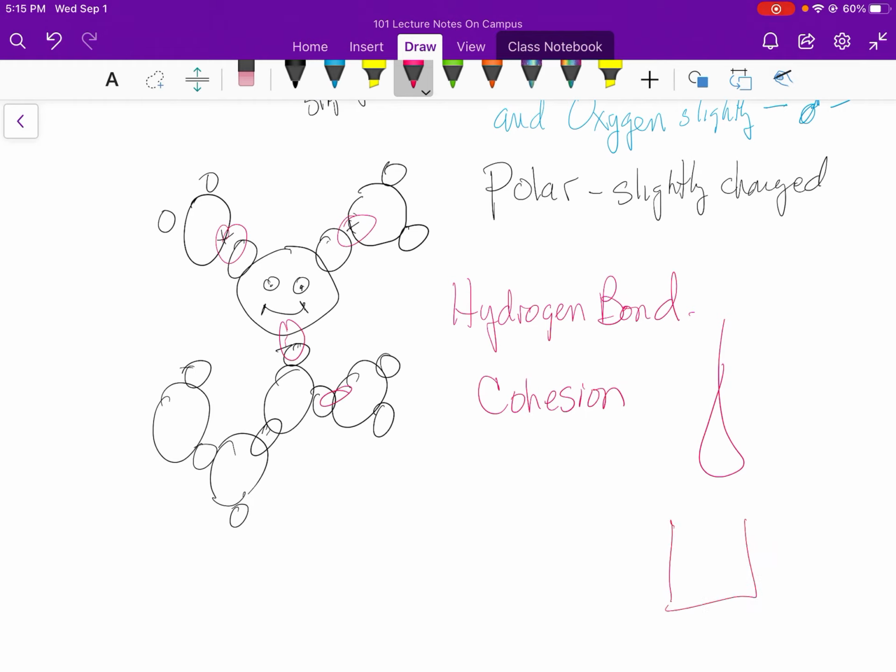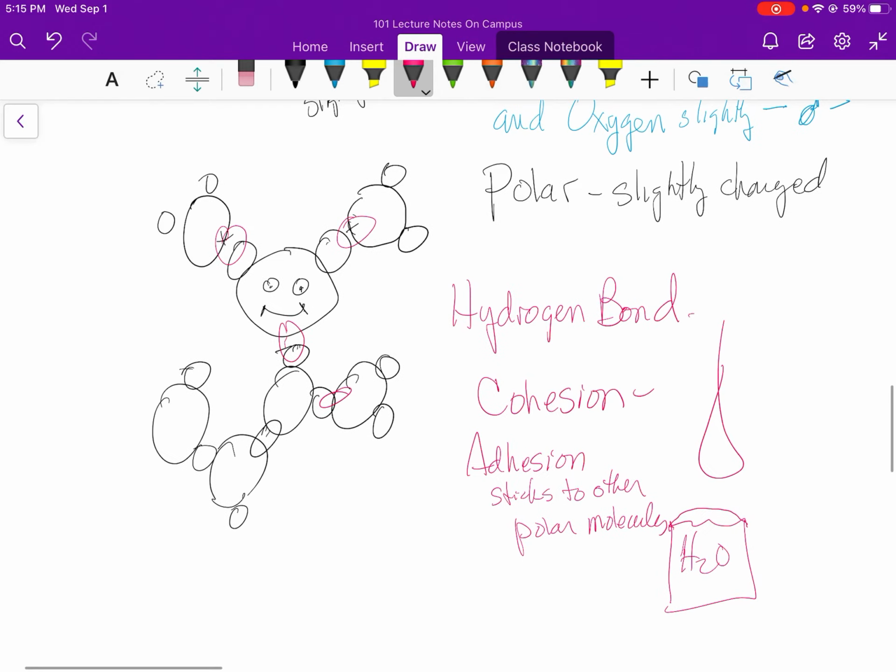And it also makes something like a meniscus. Instead of being flat, when you put water in there, you can actually make it bubble over the top of a glass. And it also makes a thing called adhesion, where water sticks to other things. Well, it likes to stick to other polar molecules. Cohesion sticks to self.